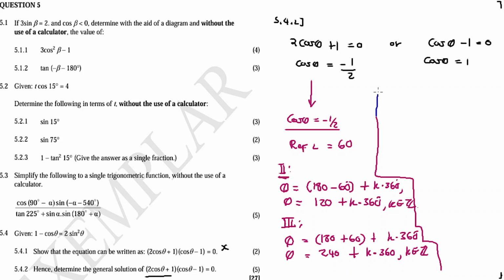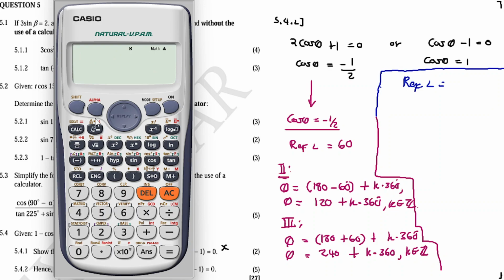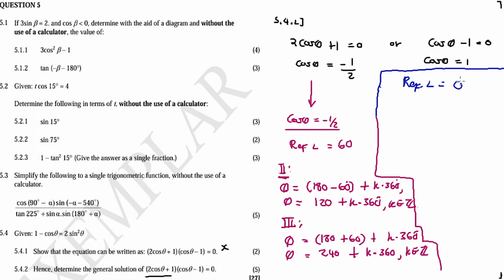Then we get a general solution for this part. So first thing is the reference angle. I'm thinking 0 degrees, but let's check. Cos of 1, yes, 0 degrees. Again, it's the same thing. You look for where cos is positive, and you get your solutions for those quadrants.